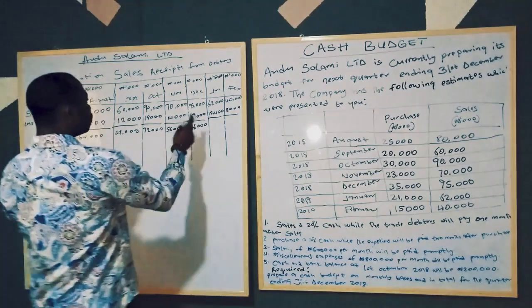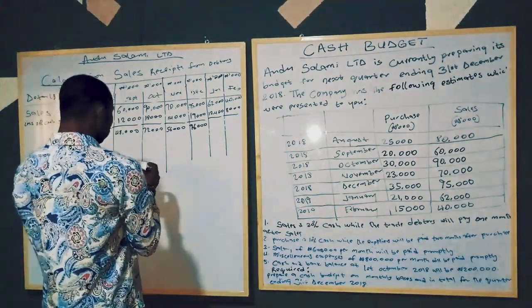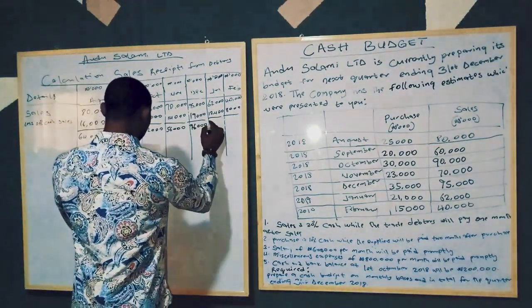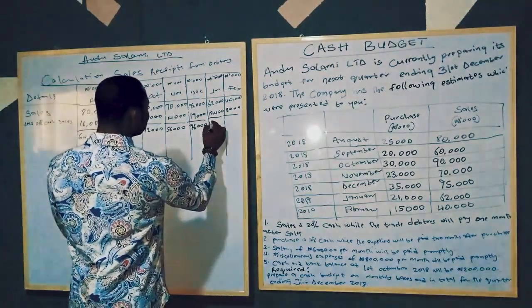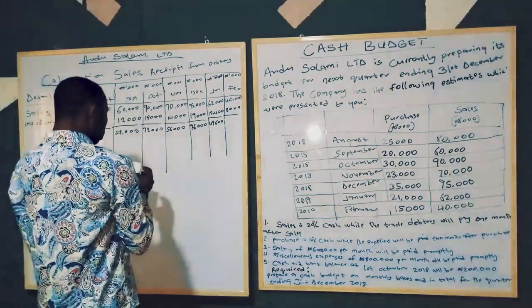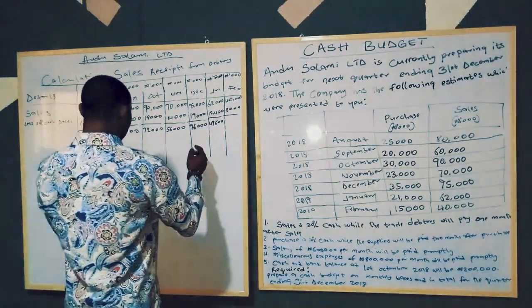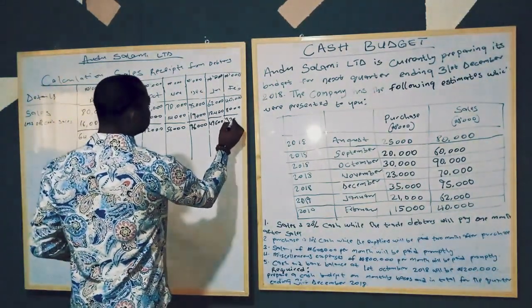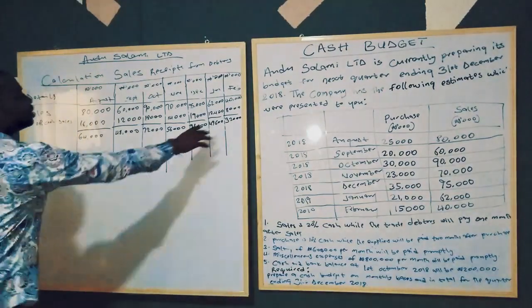Then 62,000 minus 12,400 will give us 49,600. Then 40,000 minus 8,000 will give us 32,000. So this is our credit sales.